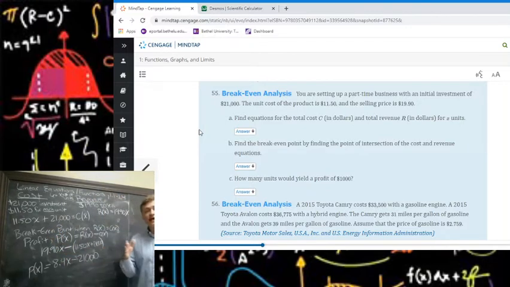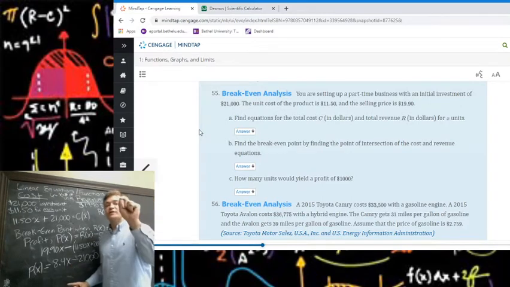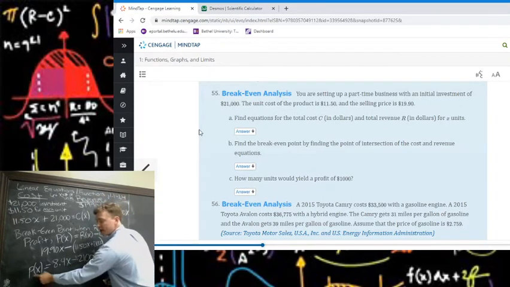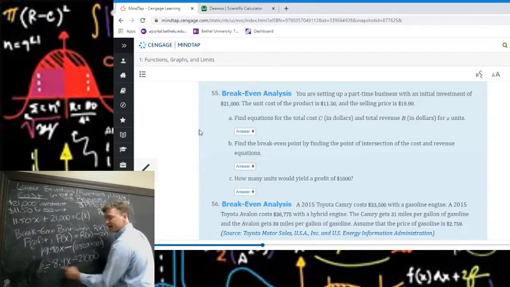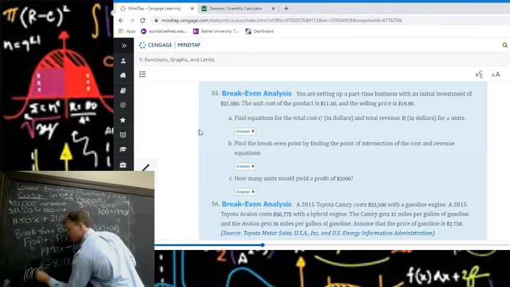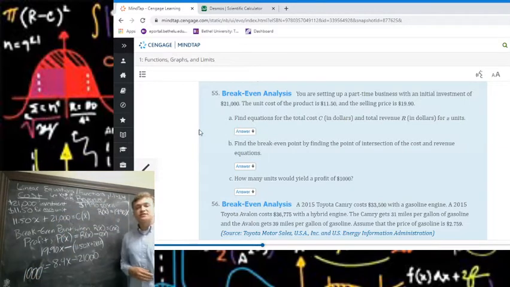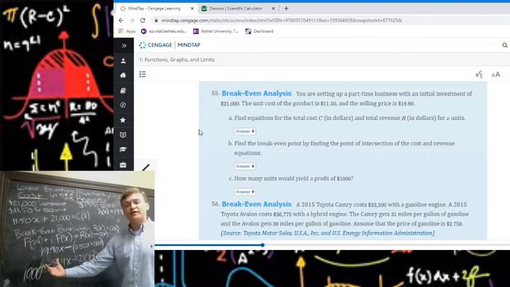So to find this answer for part C, we are actually going to solve for x. We will take the 1,000 and plug it in for P. So what is x when this equation equals 1,000? Now we look to solve for x, adding over the 21,000.